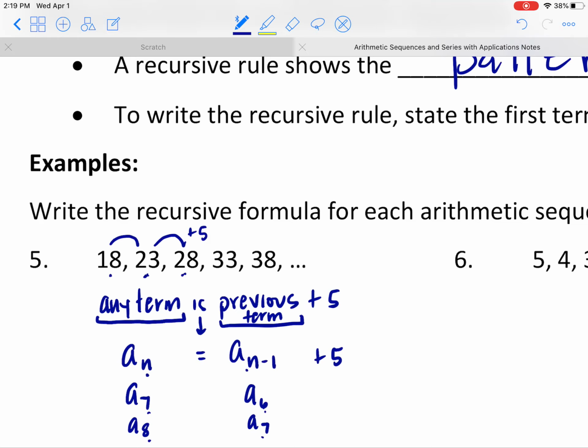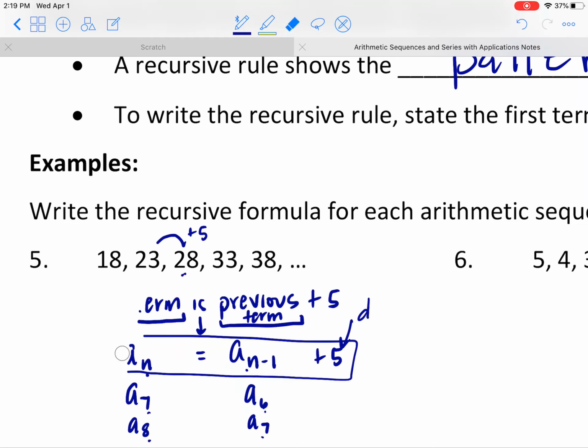So this is going to be a sub n minus 1. Okay, so we could say any term on this list is the previous term plus 5 using this notation. Or to make this more general, our common difference. That's what we're going to be looking at as a formula for this situation.